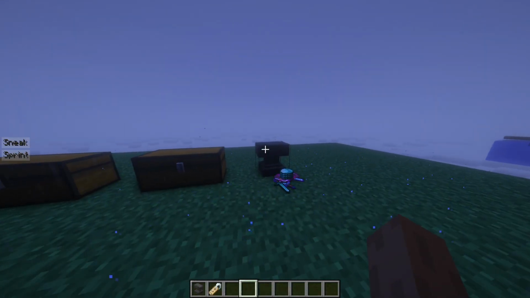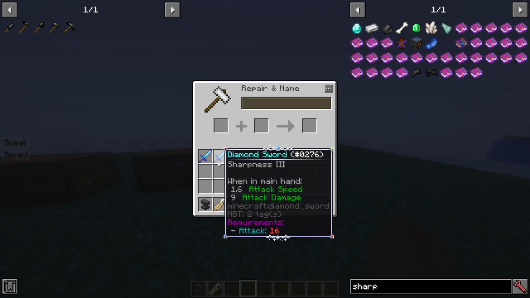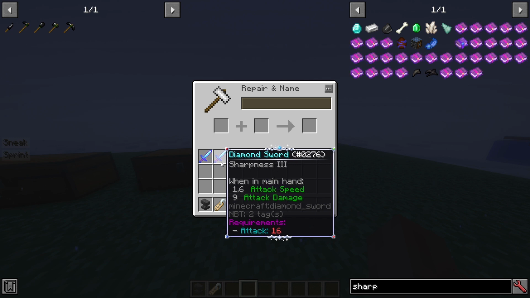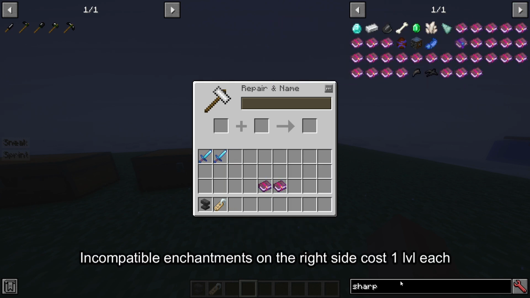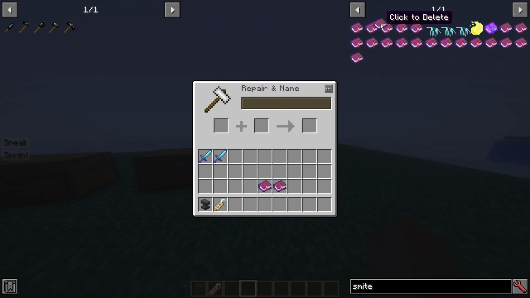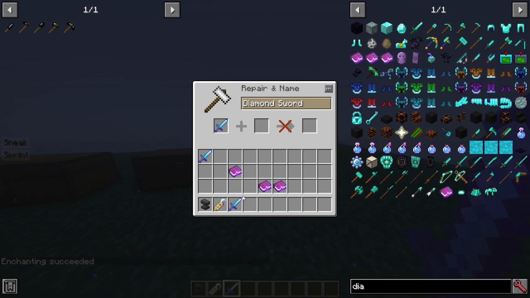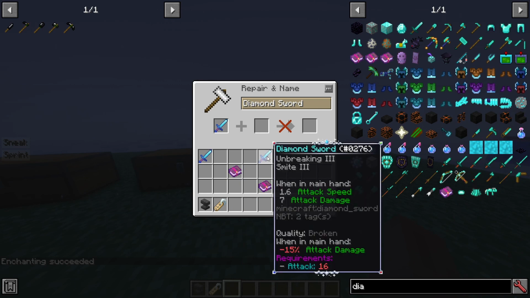Now, one last thing before we get to the Anvil use count and the actual optimal anviling. If you have an enchantment that is incompatible, like say Smite, how much is it going to cost?